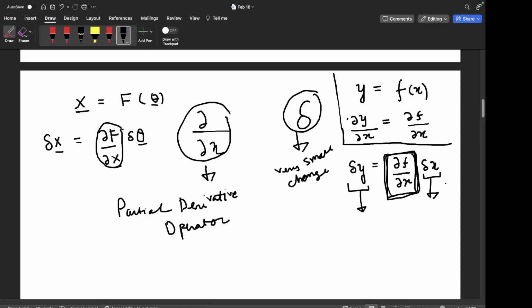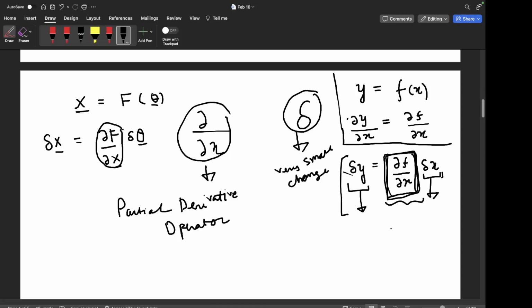The next step which I wrote here uses that relation to find that small change in y. Multiplying a small change in x with this quantity gives me the small change in y, right?